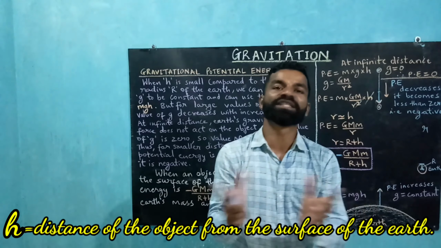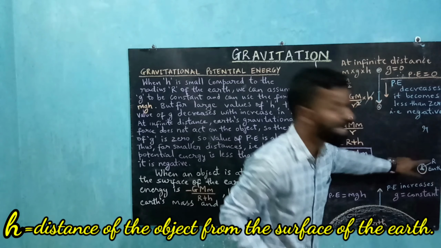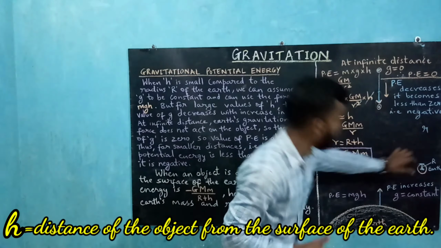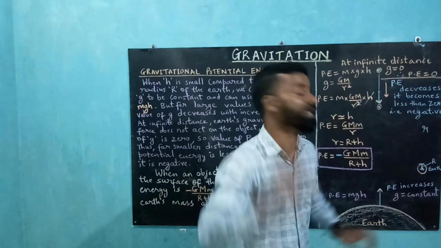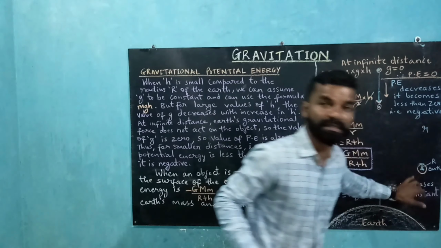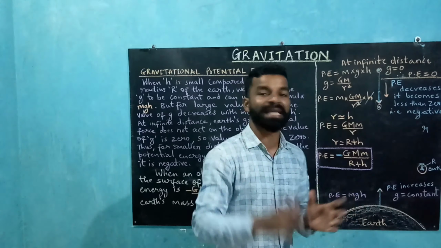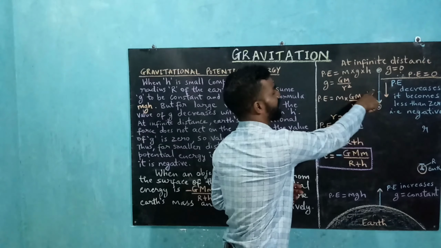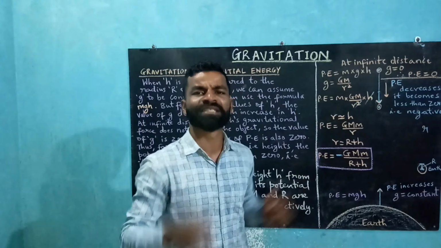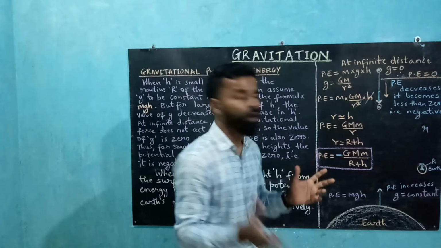So there is not much difference between small r and h, because the radius of the earth seems to be smaller in front of this full distance, and it is considered to be negligible, and the r is cancelled with h. So r and h get cancelled since they are almost equal.